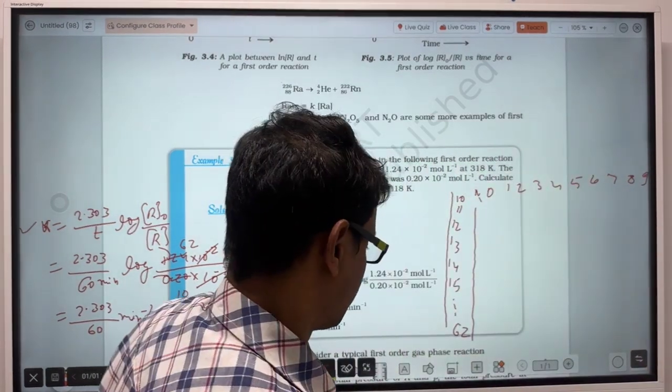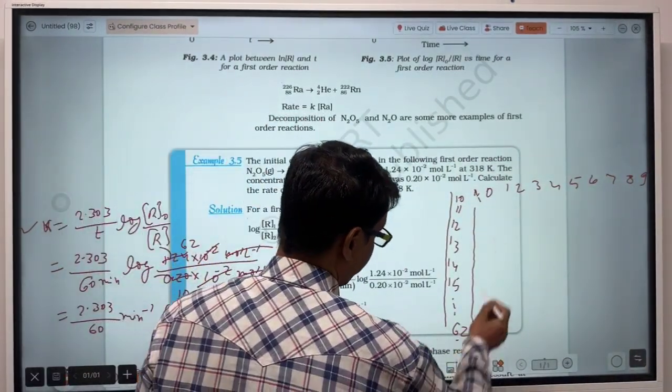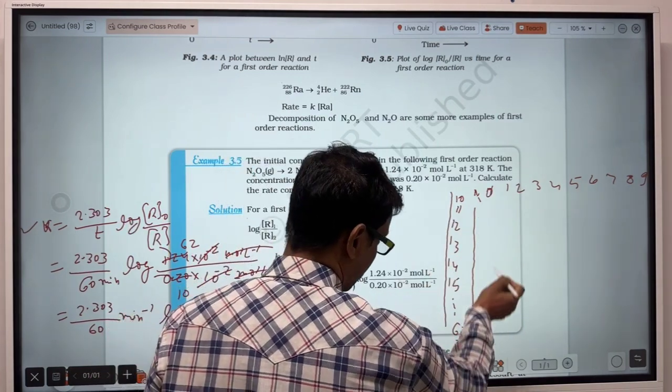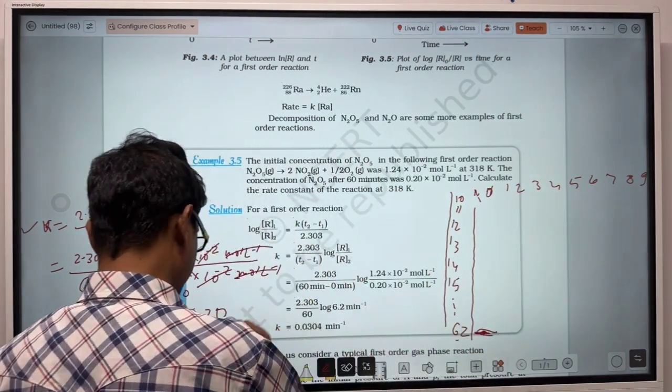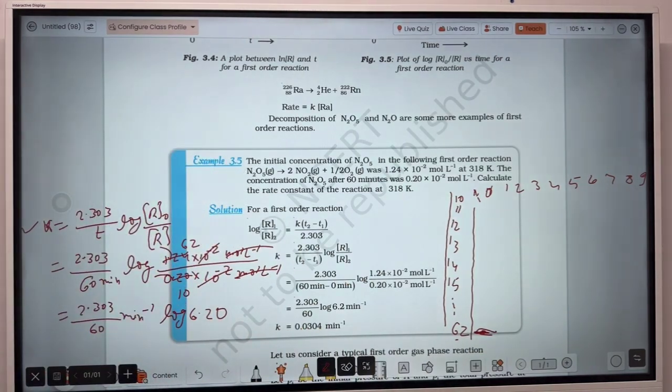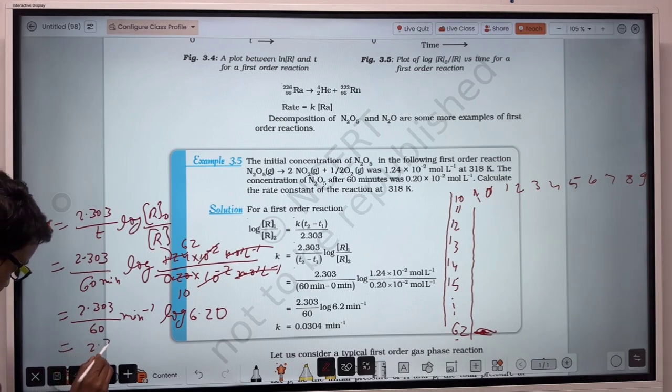So go to 62 and the column 0, and put the decimal after the first digit. So that will be equal to 2.303 upon 60 log 62.